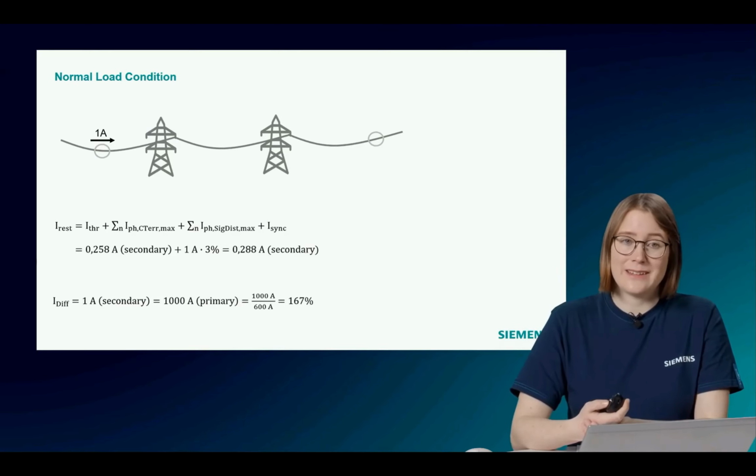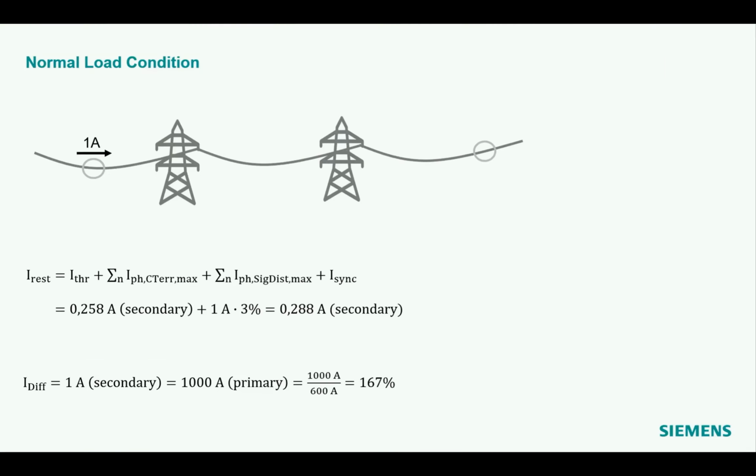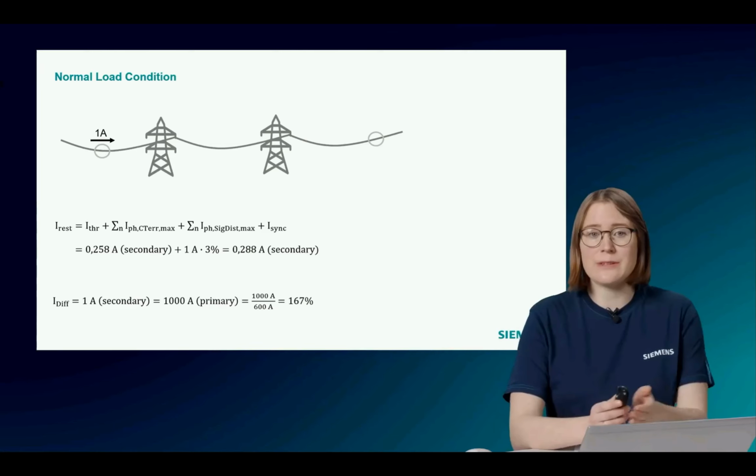Here, again, nothing has changed for the threshold. So the threshold value is 0.258 amp secondary. We are injecting 1 amp. That means we need to calculate with CT error A, so the value of 3%. But this time, important, we only inject this to one of the CTs, not to both. So here we don't need this factor 2. So we simply have 1 amp multiplied by 3%.